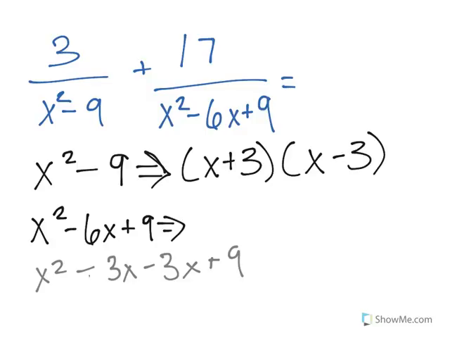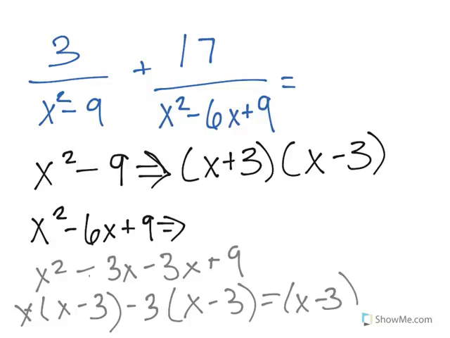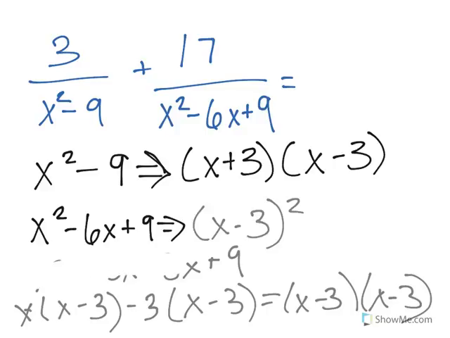We factor out the x, so x minus 3, and here we factor out a negative 3. And now we see that we actually have x minus 3 times x minus 3, so this is just x minus 3 squared.